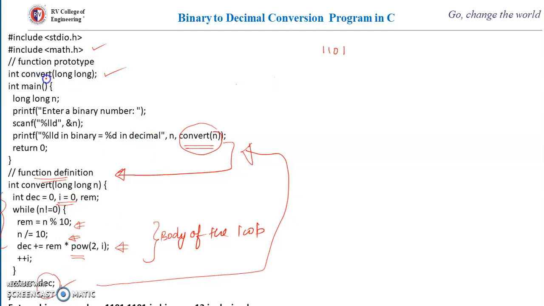The prototype syntax is: the return type, then the name of the function, and the argument, and we write a semicolon. In the function definition we don't write a semicolon, and in the function call we just write the name of the function and the argument we pass. Whatever n value the user has input, the same value will be copied to this n.